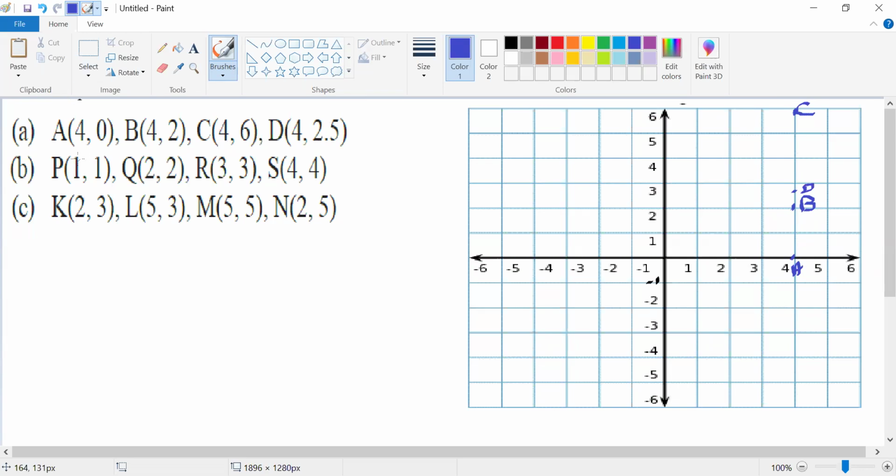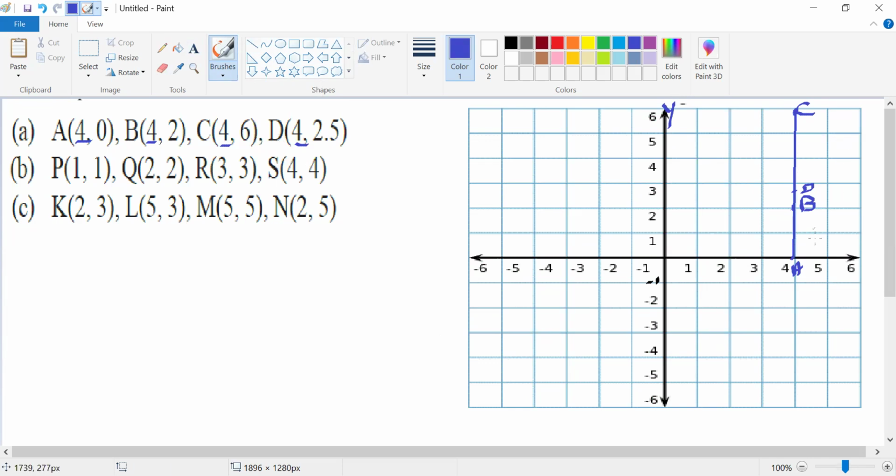Now here what you can see, all having the same x coordinate, no change in that. Now you join it. What did you get? You got a straight line, right? And what is the speciality of this straight line? This line is parallel to the y-axis, because x is fixed, constant.